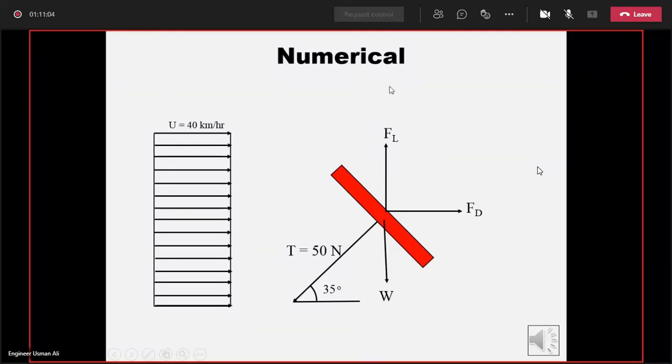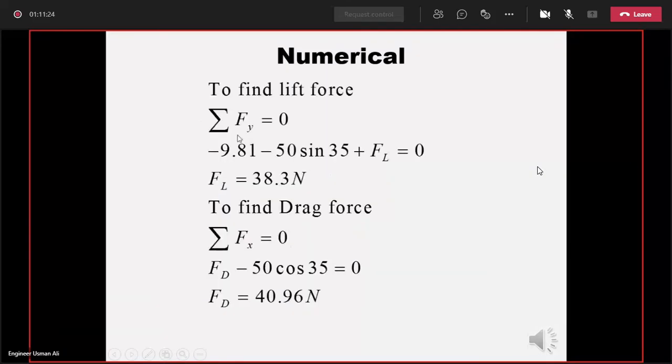So how many forces are acting in the y direction? FL is in the positive y direction with a plus sign, W in the negative y direction with a negative sign, and 50 sine of 35 is again in the downward direction. So actually there are three forces acting in the y direction that we have to consider. So the summation of forces in the y direction is 0 to find the lift force.